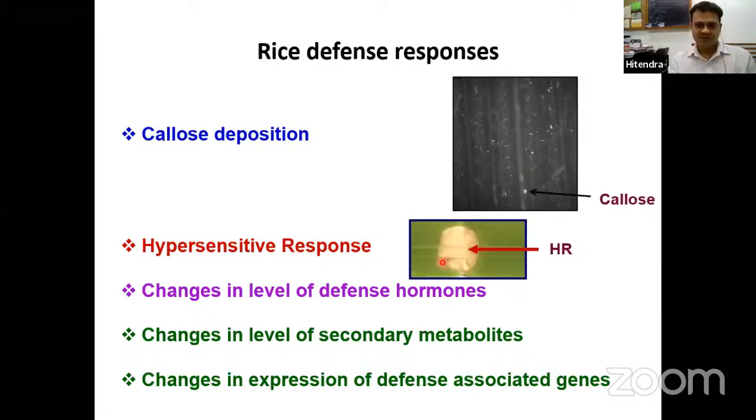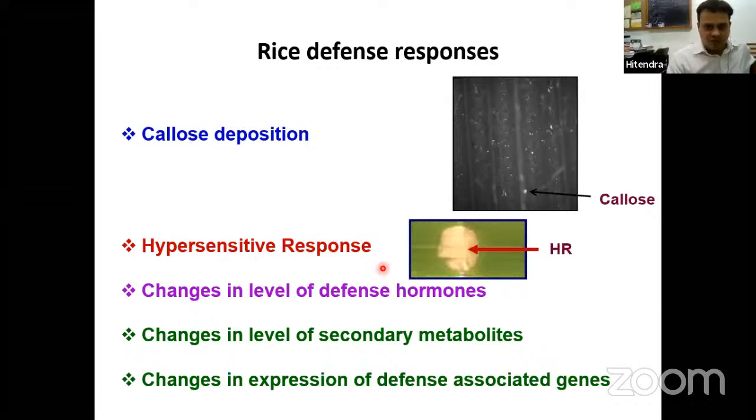Then we see hypersensitive response. You can see this yellowing region. So in this case, in rice leaf, if we infiltrate bacteria through a 1 ml syringe without needle, okay, if plant tries to restrict the pathogen, then what it does, it tries to kill only this portion so that bacteria should not migrate, should not move further.